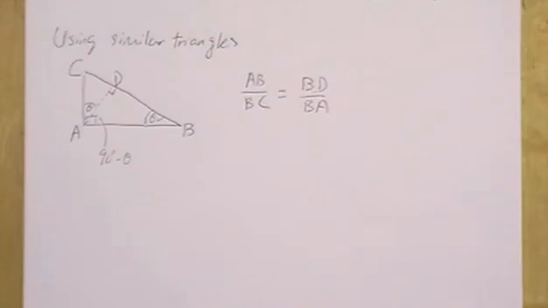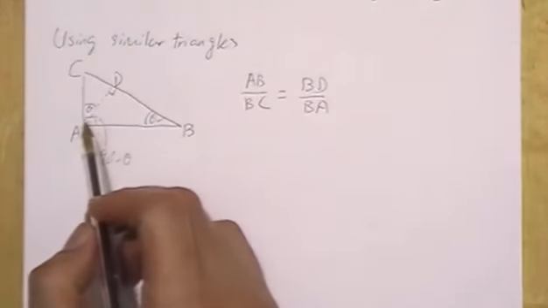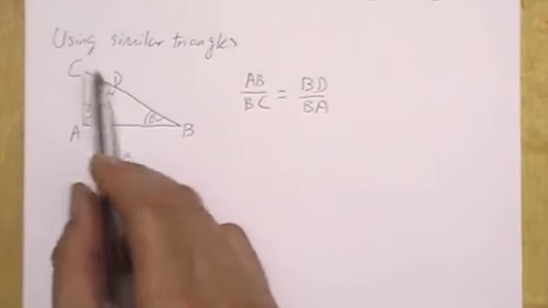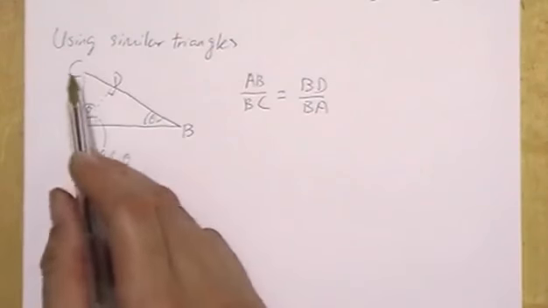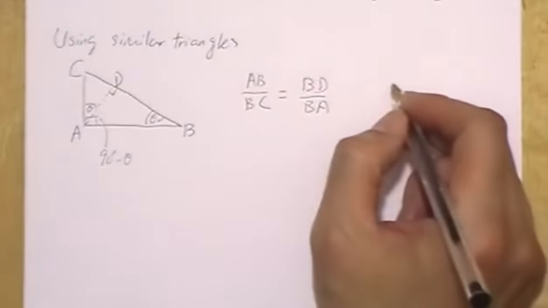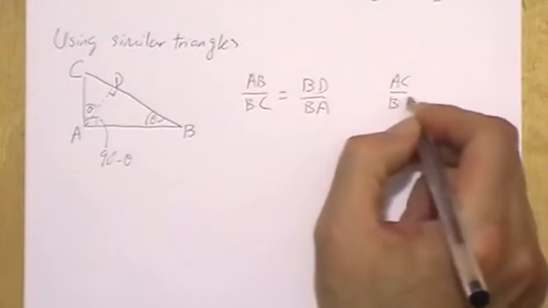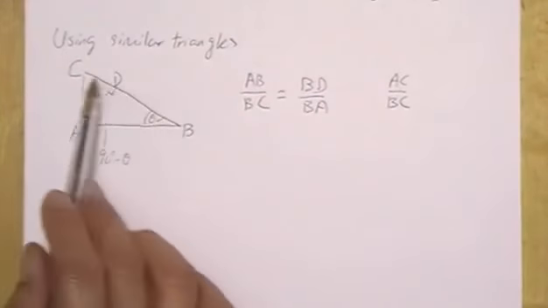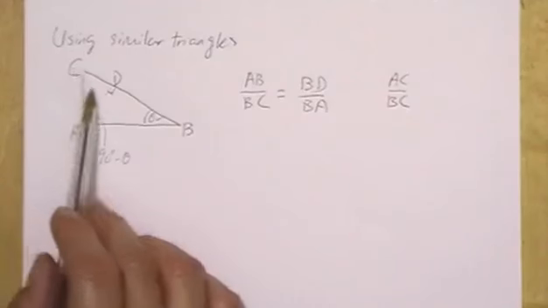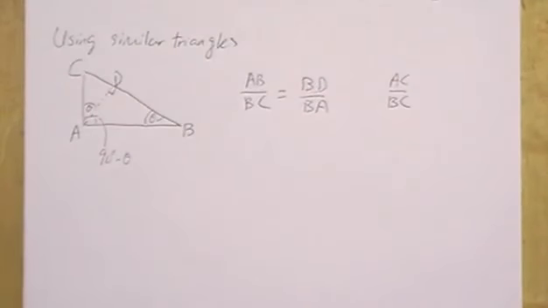Next, let's look at the ratio between this side and this side. So that's AC over BC, the shorter side divided by the longest side.